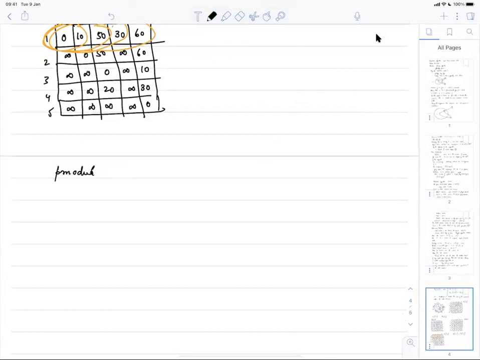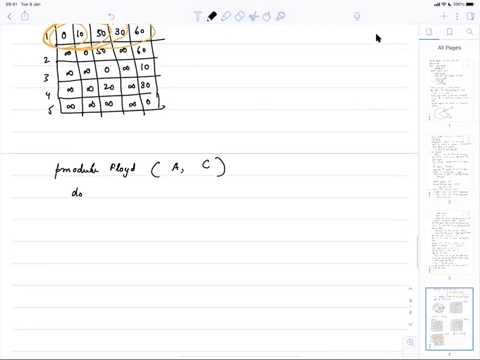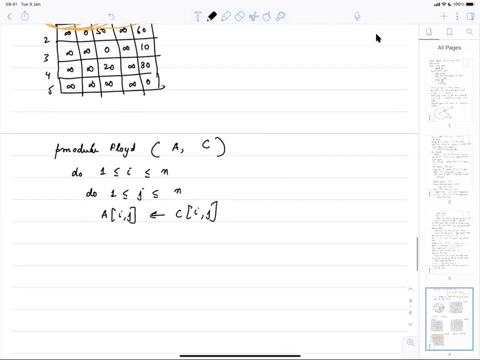Module Floyd, and let's say we pass the matrices A and C. So we initialize A of i comma j to C of i comma j, whatever is the initial matrix that we have.